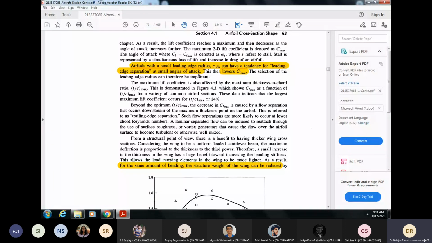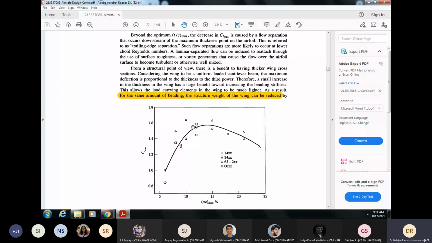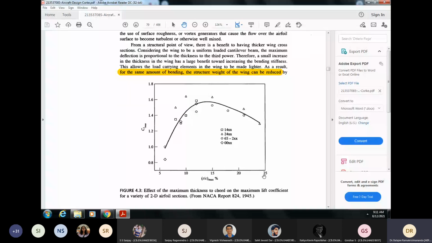Now the maximum lift coefficient CL max is also affected by t by c max. Look at here, CL max versus the maximum thickness of the airfoil. We realize that you get the maximum CL max when the thickness is around 14 to 15%.